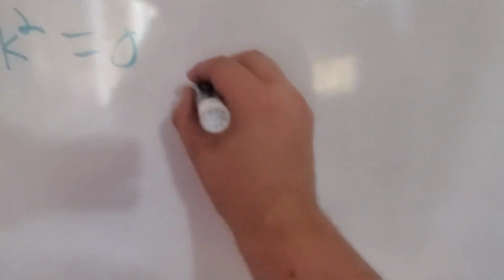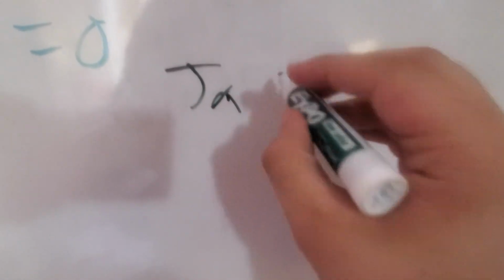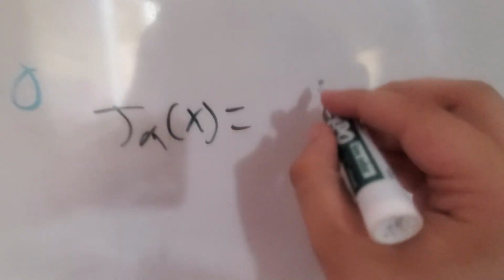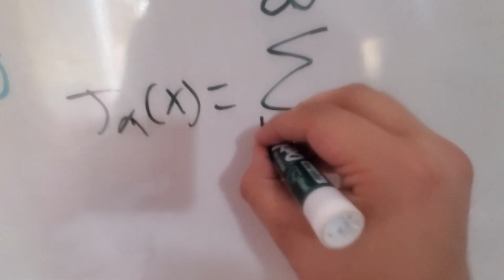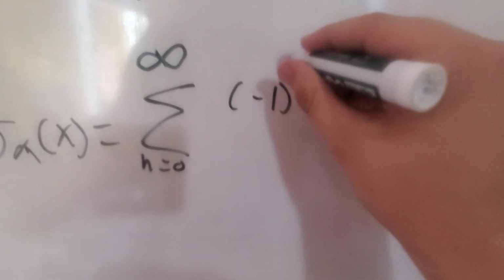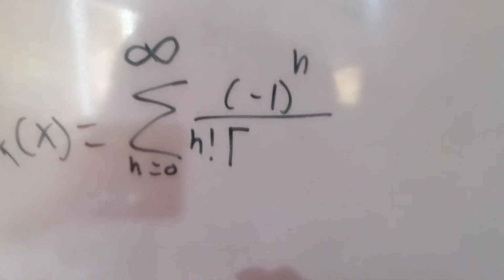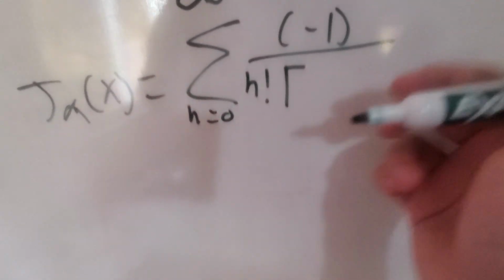There are many different kinds, but for the kind that we're using, J of some alpha times x is equivalent to the sum from n equals 0 to infinity of negative 1 to the n, over n factorial, times something called the gamma function. This is just a function that takes any number and gives you the factorial of it.